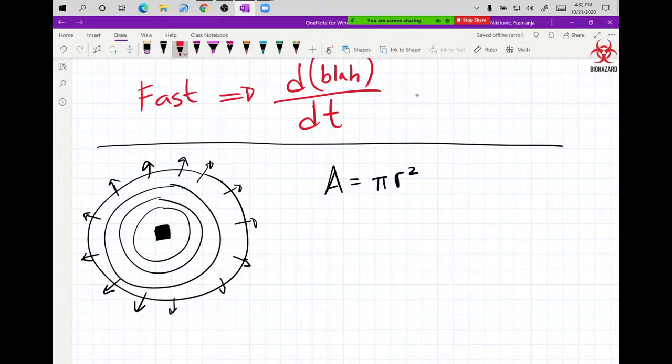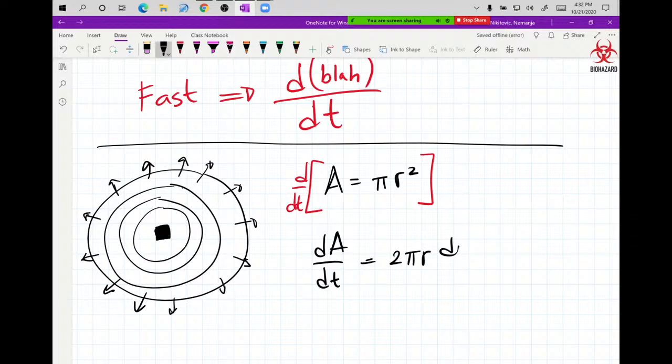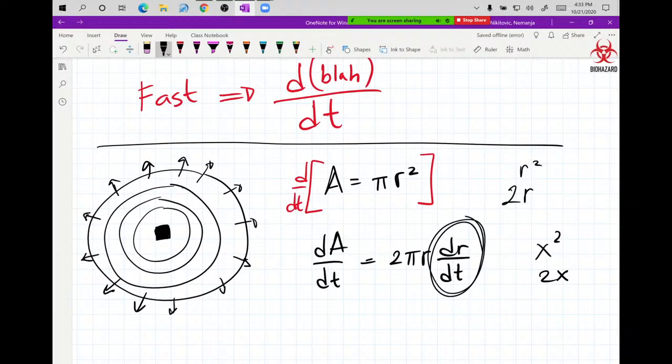And because I want to study how fast the area is changing, I'm going to take the derivative in respect to time and come up with dA/dt is equal to 2 pi r dr/dt. You copy pi, the derivative of x squared is 2x, so the derivative of r squared is 2r. But we also have to follow it with a chain because we took the derivative of r in respect to time.